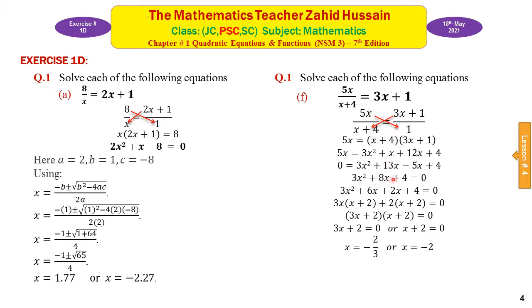You can solve this quadratic equation by factorization like this, or you can solve this equation by using the formula like this. This equation can also be solved by using the formula. An equation which can be factorized can also be solved by using the formula, but it is better to use the factorization method if the equation can be solved by using factorization.